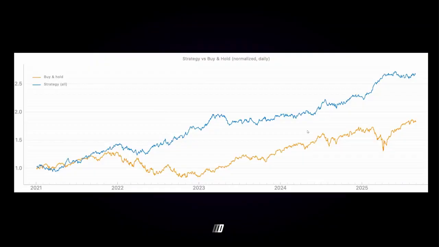And this is the performance of an opening range breakout strategy, risking 2% per trade, compared to the performance of just buying and holding the S&P 500, started from 2021 till more or less today.